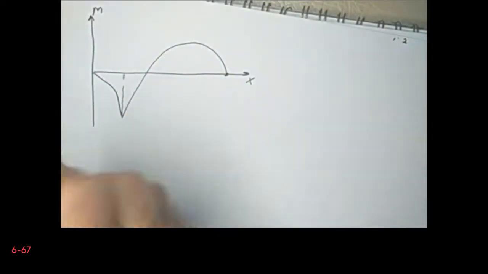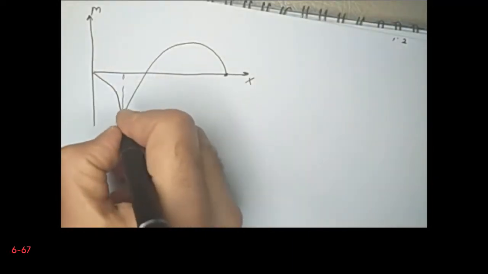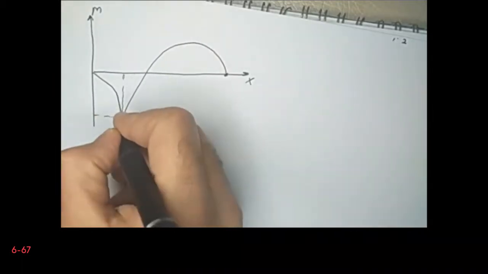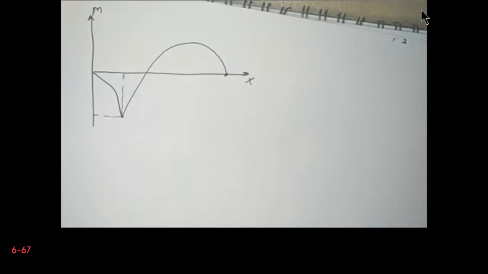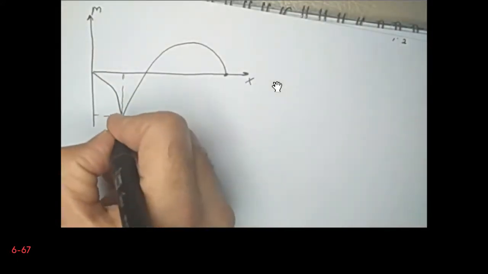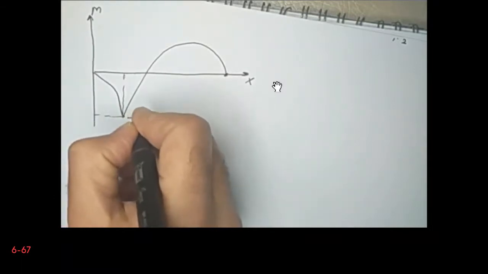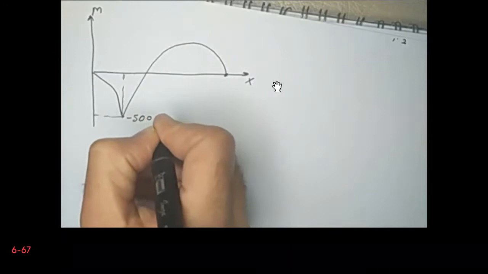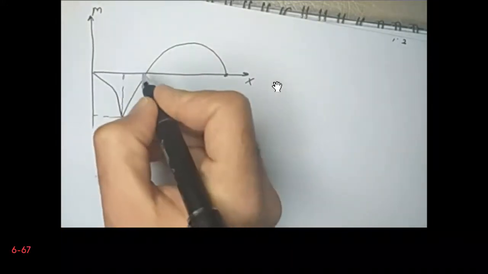So this value is minus 5,000. And it passes to 0, and it reaches another value here.